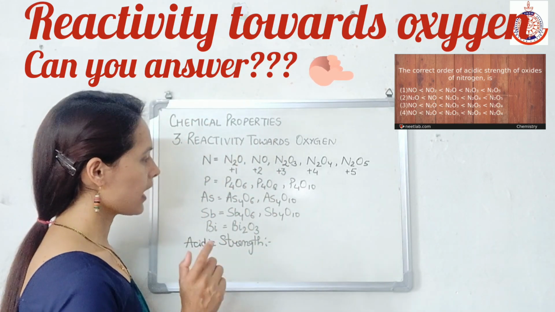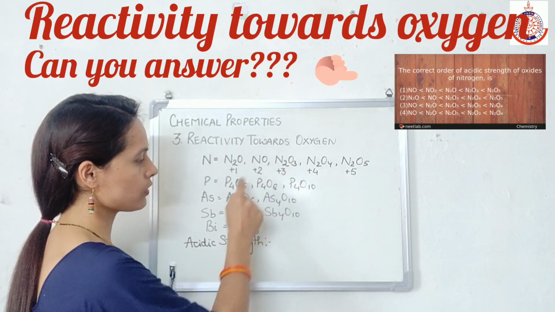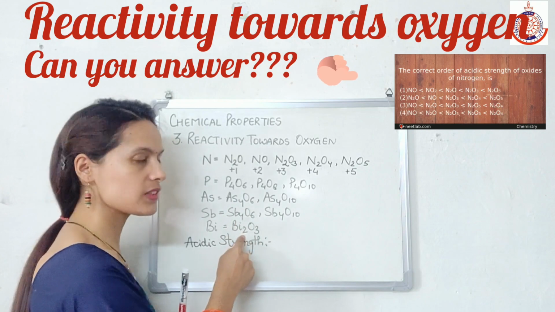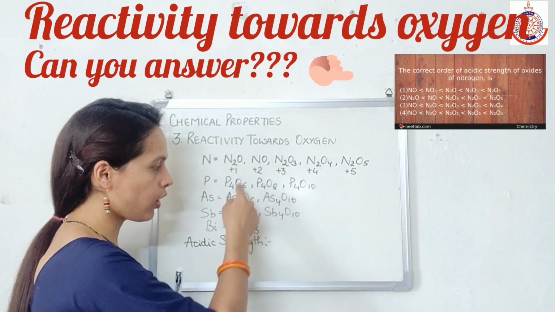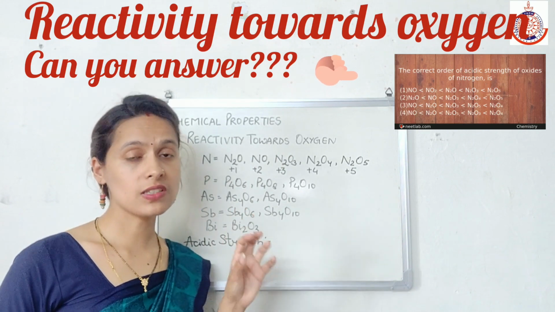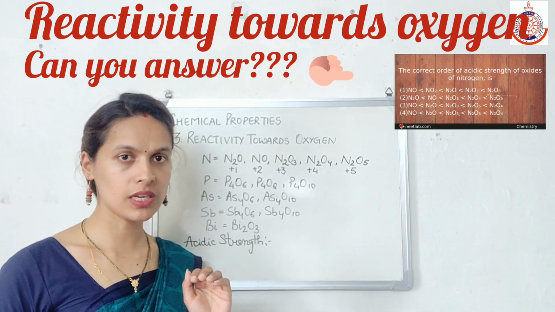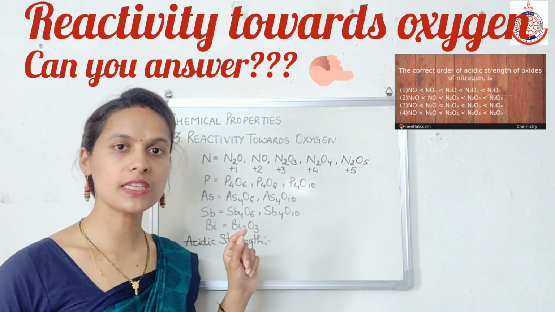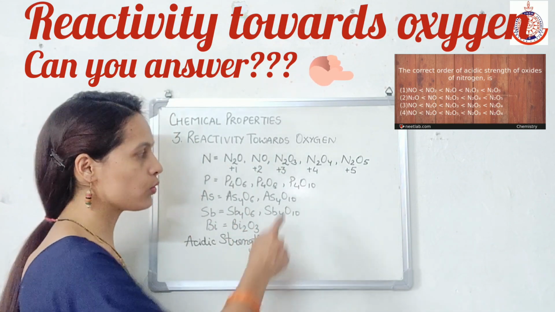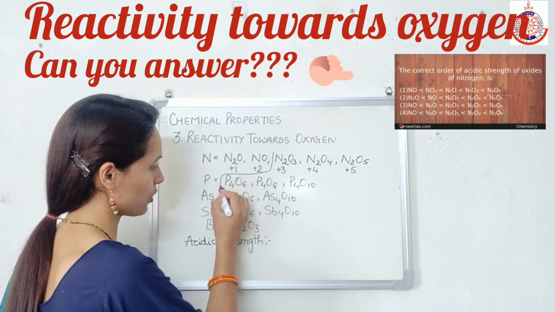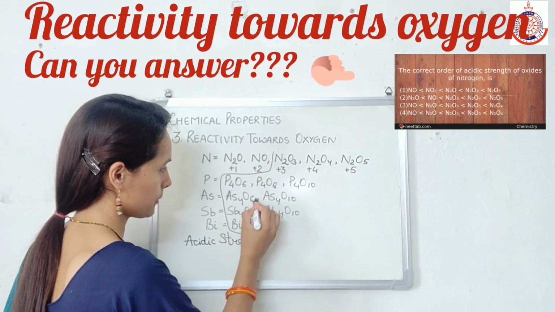For example, consider N2O3, P4O6, As4O6, Sb4O6 and Bi2O3. In all these oxides, the oxidation state of the central atom is +3, and we know that on moving down the group, electronegativity decreases.